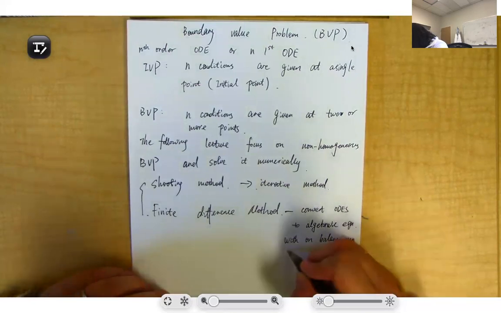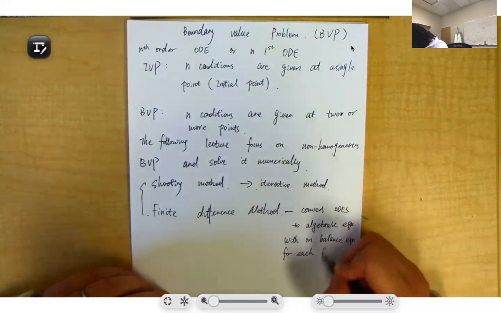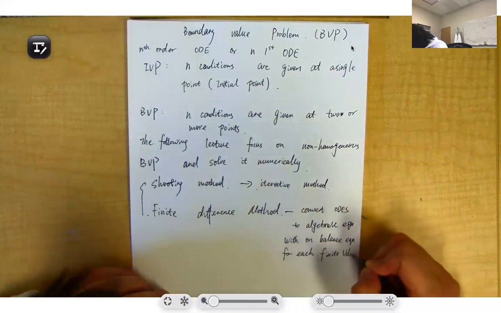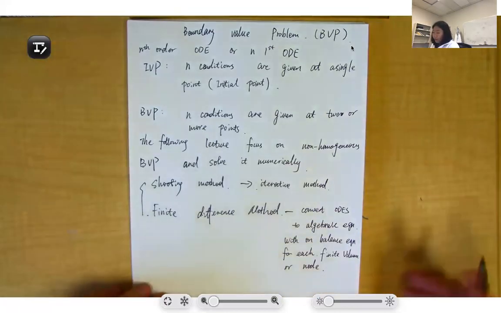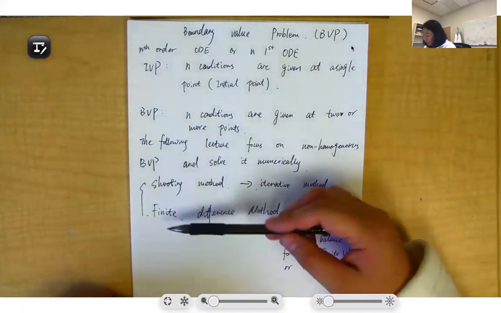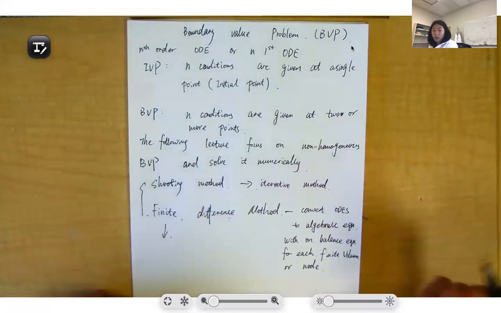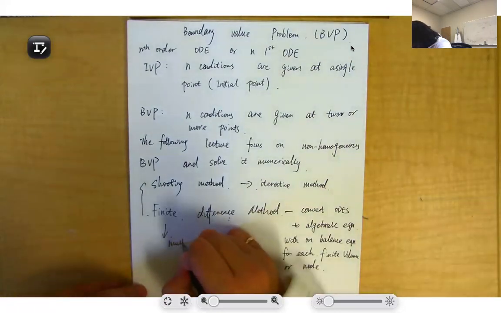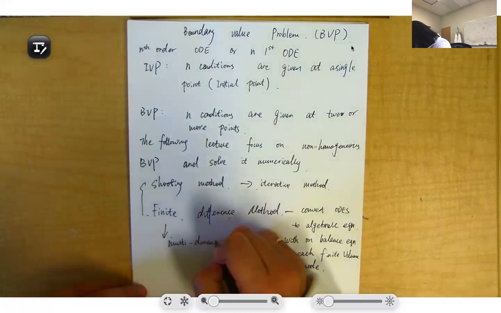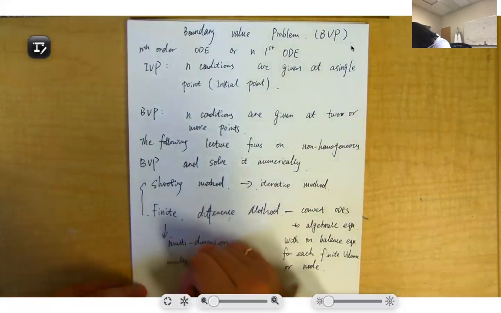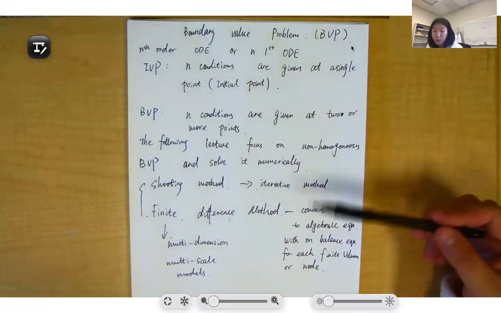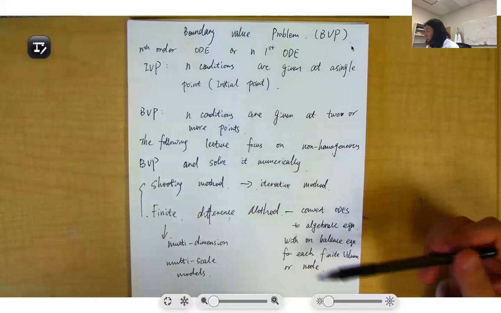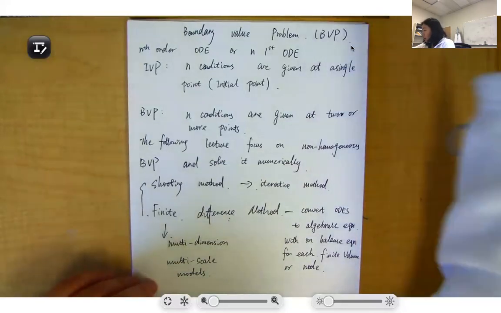The finite difference method is especially good for multi-dimension and multi-scale models. We will talk about examples for the shooting method and finite difference method later. Okay, that is the boundary value problem.